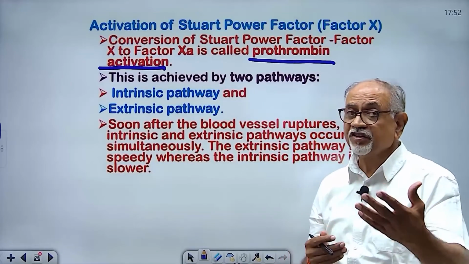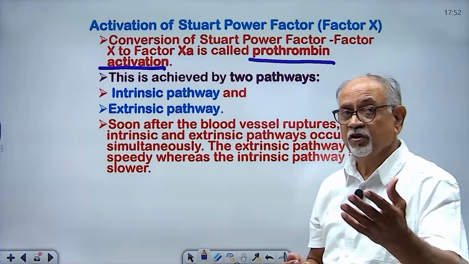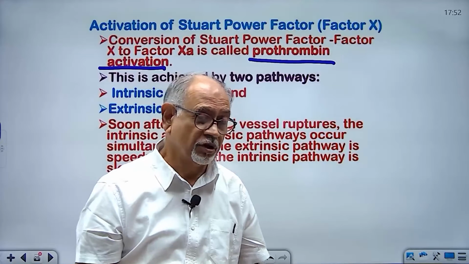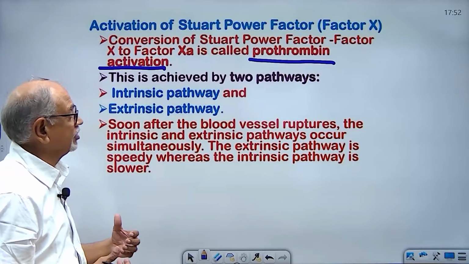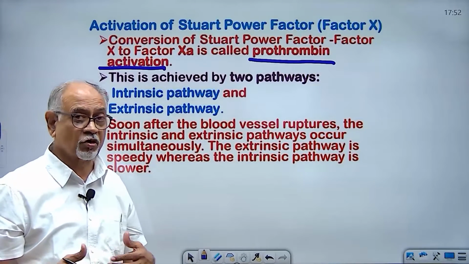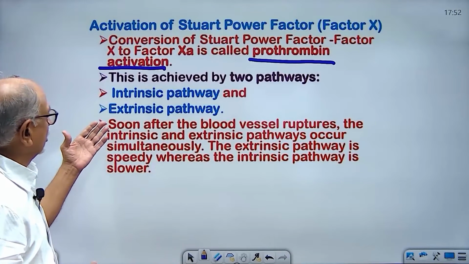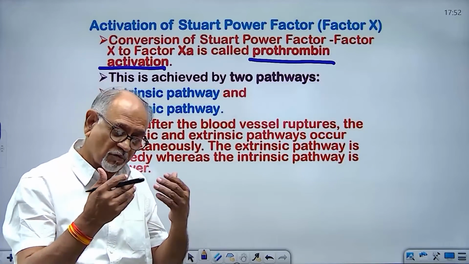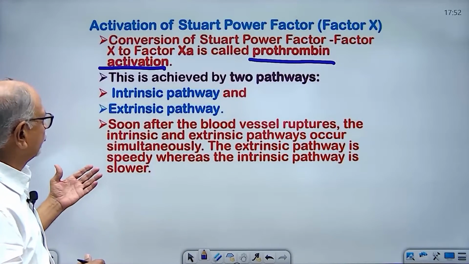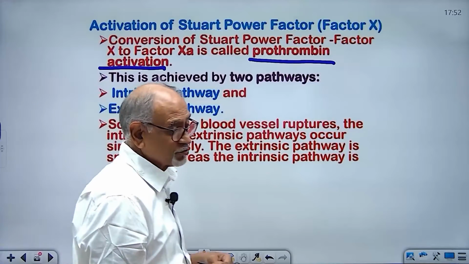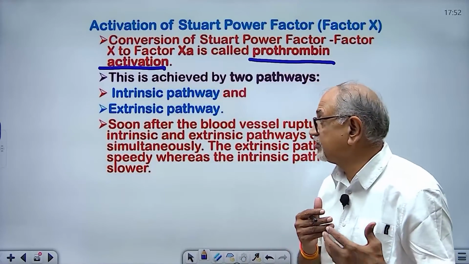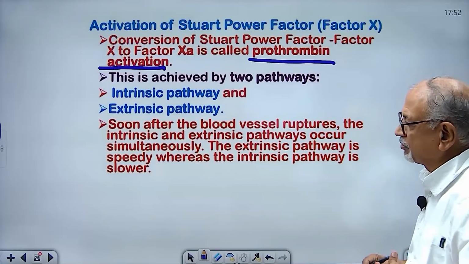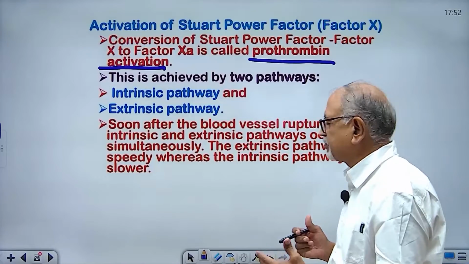One is the extrinsic pathway that begins from outside the blood vessel, from the tissue, as we have seen in case of tissue thromboplastin. Another is the intrinsic pathway, which is initiated from inside the blood plasma.